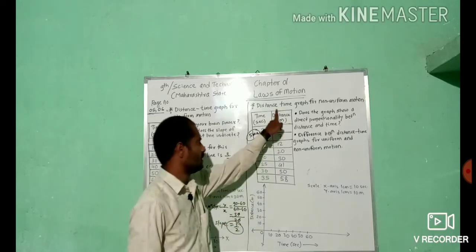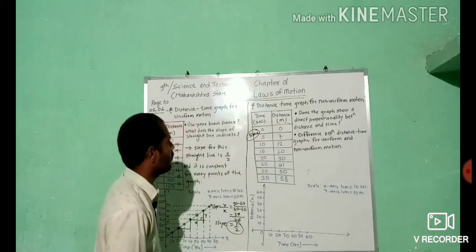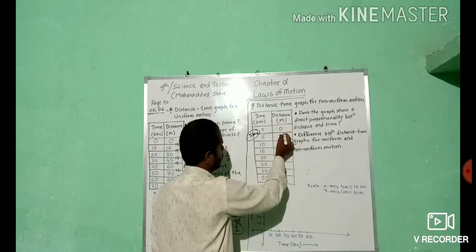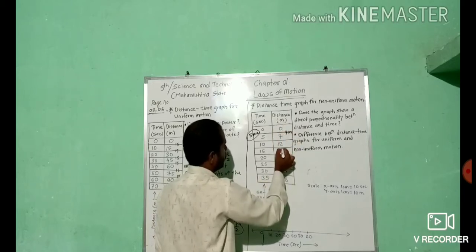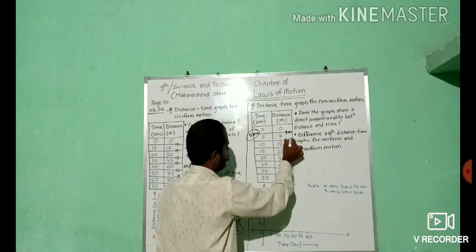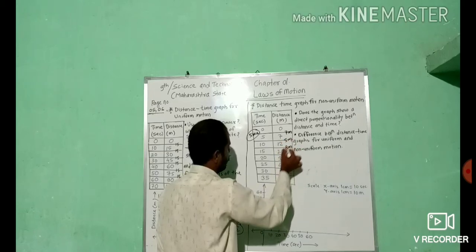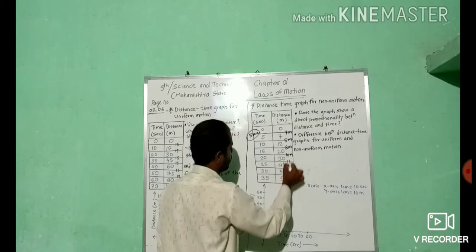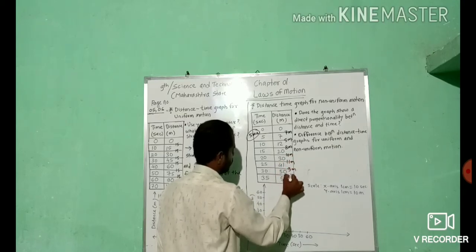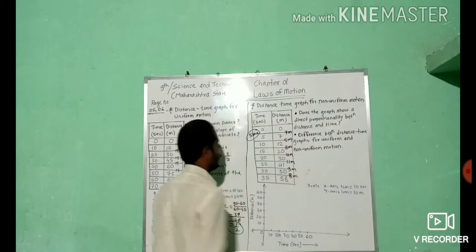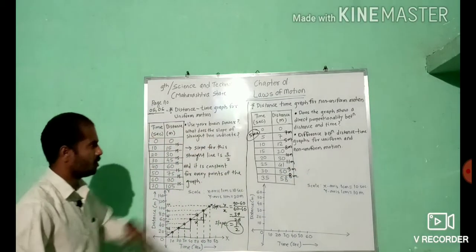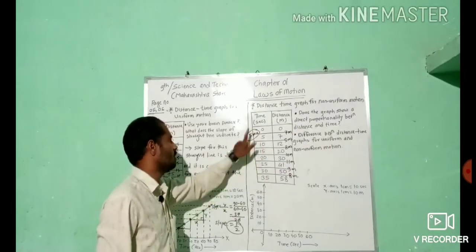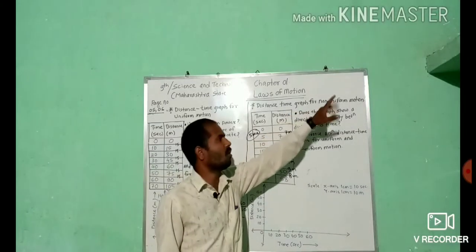And what is the distance traveled by that bus? First the bus travels 7 meters, then 5 meters, then 8 meters, then 10 meters, then 11, then 9 meters, and at last 8 meters. Okay, so the distances covered by that bus are unequal in equal intervals of time. That's why it is known as non-uniform motion.